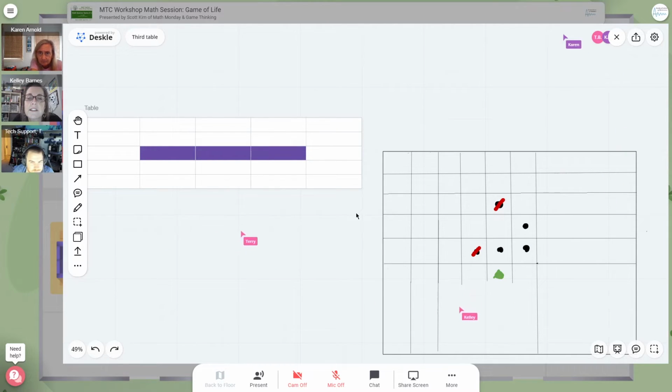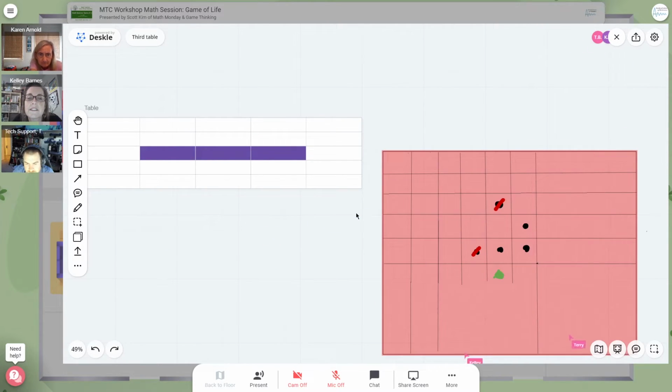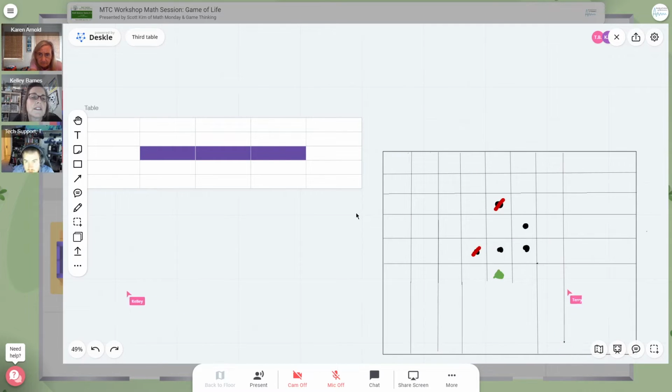There we go. Oh, that's the wrong line. Delete that. There are two types of lines: the line, not the arrow line. Do not use the arrow line.